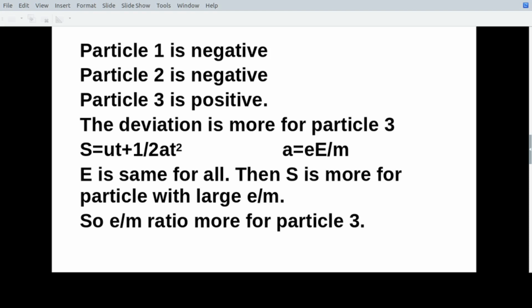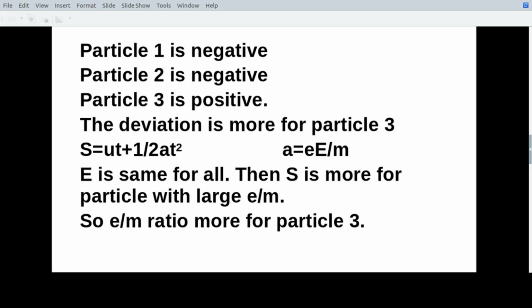And acceleration is given by E by m, where capital E, the electric field intensity, is same for all. Then S must be more for the particle with large E by m, right? S must be large for the particle with large E by m, because S is large when acceleration is large. Acceleration is large when E by m ratio is large.